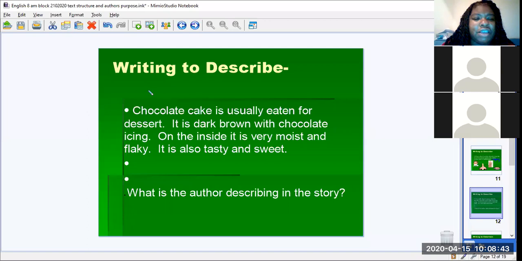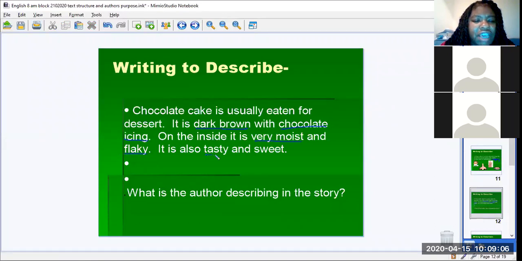But nonetheless, that is what describing something is. Okay, I still have my pen. It is dark brown with chocolate icing. So I'm underlining all of the words that are used as adjectives and adverbs. On the inside, it is very moist and flaky.